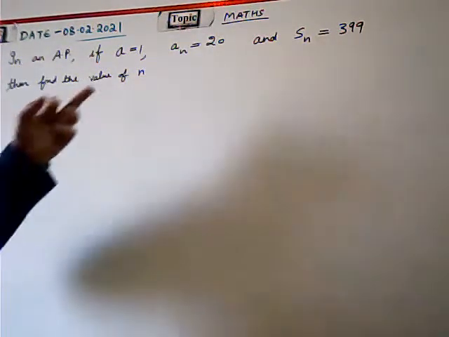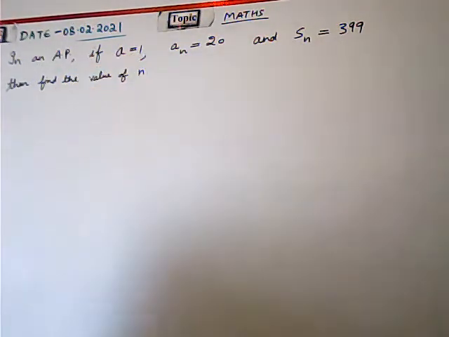What is given? First term a is given, an is given, Sn is given. Then find the value of n.